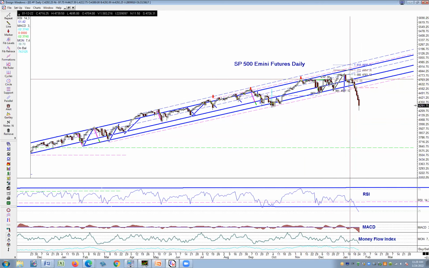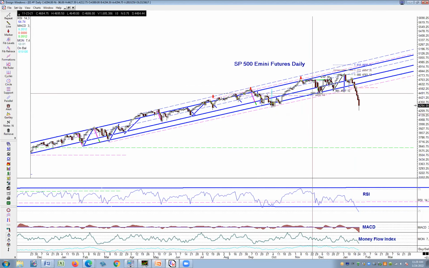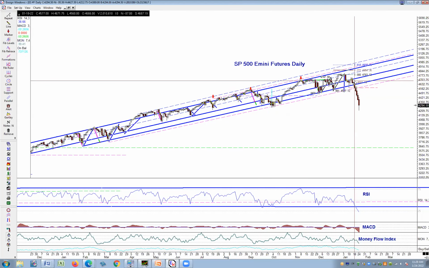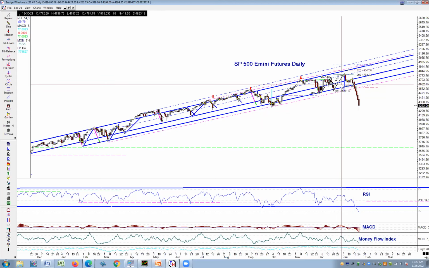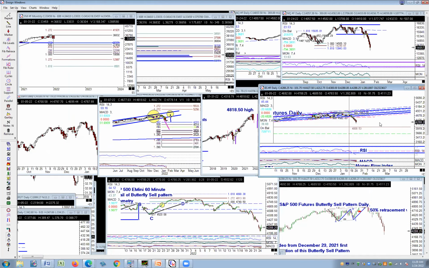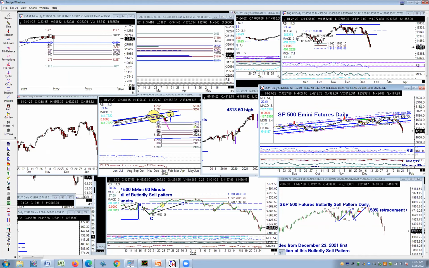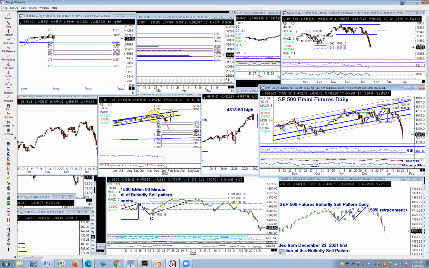I said if this turns around from here and this trend line doesn't hold, this lower dashed pink, then we're in for a larger move to the downside. So this is something that I keep on my charts, and I try not to hit the X instead of the collapse, so I don't lose this chart. I'm sure I can find it again. Sometimes they just disappear. Okay, so this gives us an overall view and looks at some harmonics.